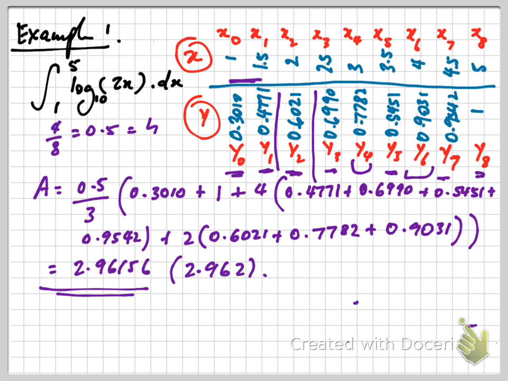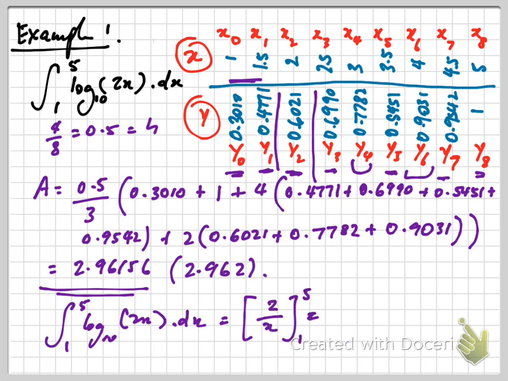Now, if you actually did the integral from 1 to 5 of log base 10 of 2x dx, if you substitute the numbers, you end up with 2.962. That is rounded to 3 dp.